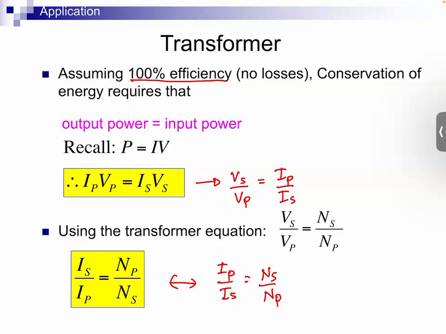Right. So then we have an equation that relates the currents in the coils to the number of turns in the coils.